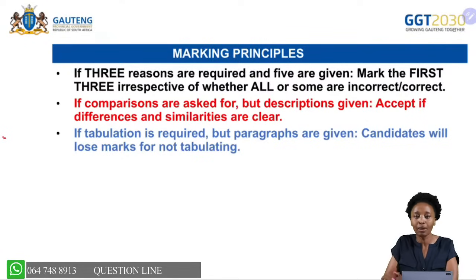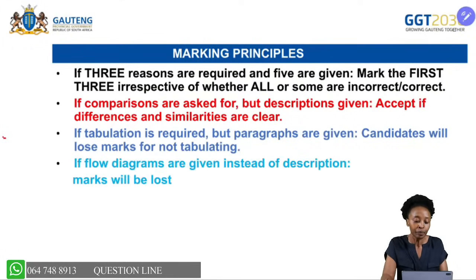Draw a table, put the heading on the table, and then tabulate. If the question is tabulate between RNA and DNA, you draw your table, you write RNA, DNA. For the fact that you have drawn the table, that's a 1 mark already. So do draw your table, put your headings, even if you are not sure of the differences, but the fact that the table is there, you've already scored yourself a mark.